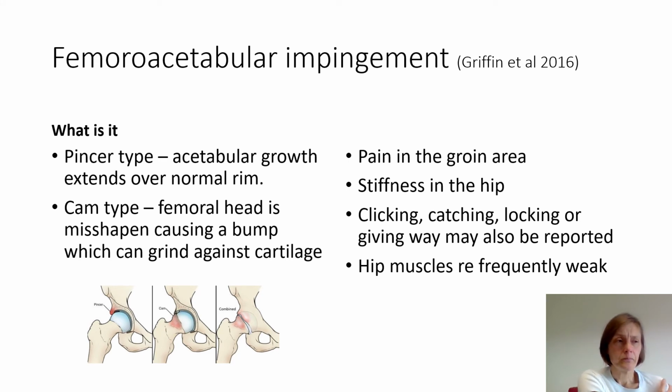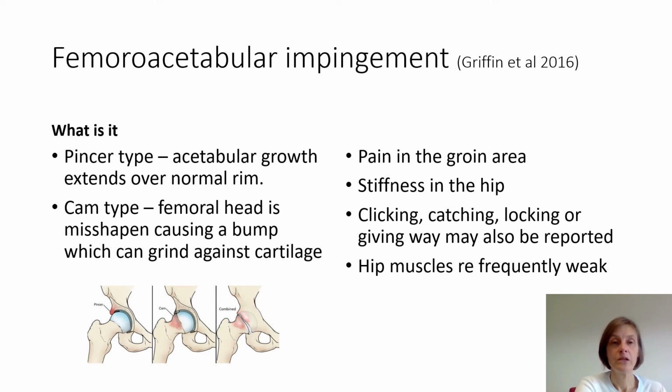Both osteoarthritis and neck of femur fracture are more likely to be seen in older people. Femoroacetabular impingement syndrome, however, can be seen in people no matter what age. There are two types of FAI, as it's called. A pincer type FAI is where you get growth of the acetabulum, which extends over the normal rim of the acetabulum and can cause impingement or pain as it nips against the labrum.